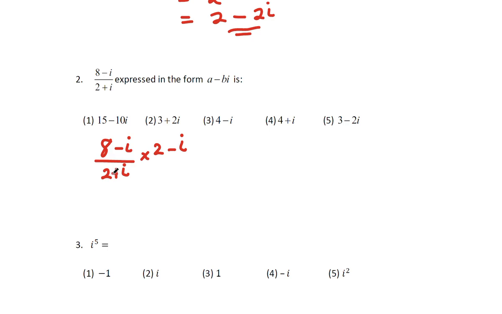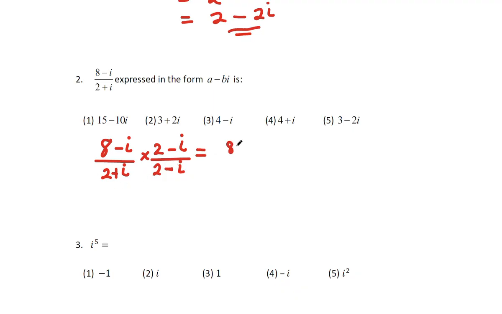So since the expression in the denominator here is 2 plus i, then the conjugate of it would be 2 minus i. If the denominator was 2 minus i, then its conjugate would have been 2 plus i. So we multiply both numerator and denominator here by the conjugate of 2 plus i, which is 2 minus i.